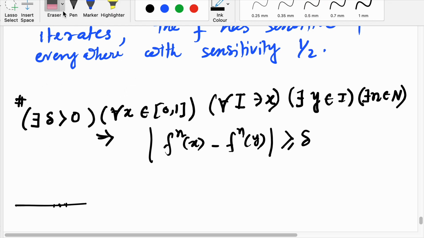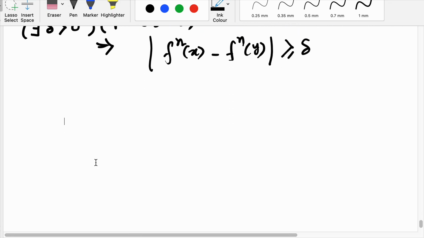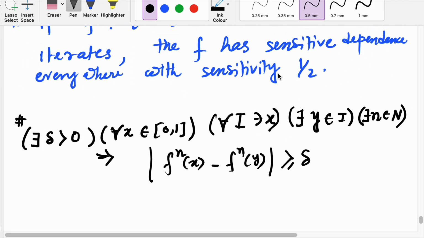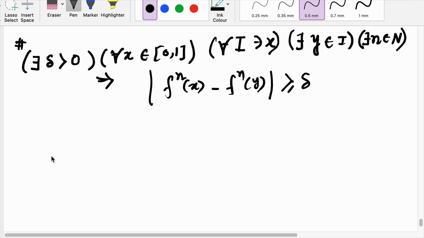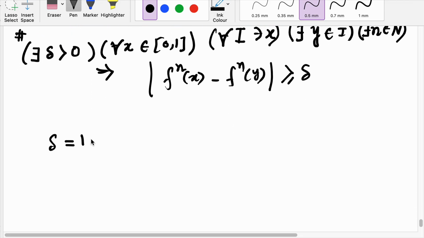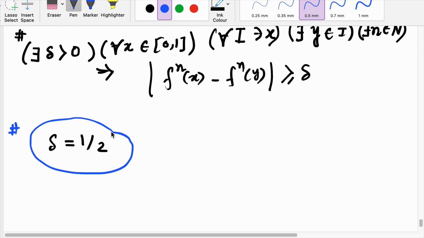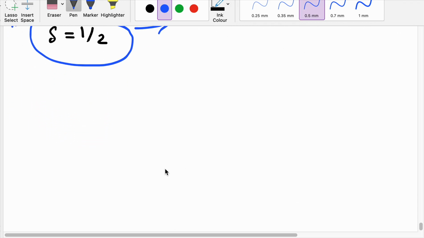The line of the proof is very simple. Since this delta is there, we know the delta is up, and to prove the sensitivity, the main hard part is to find a suitable delta, but we know already the delta is up. So let me prove that.